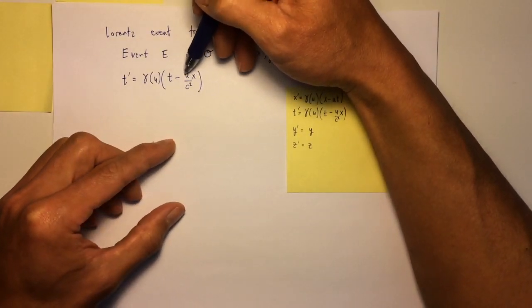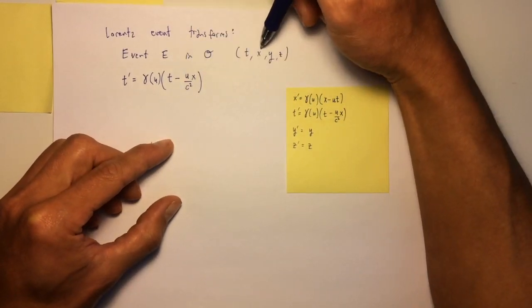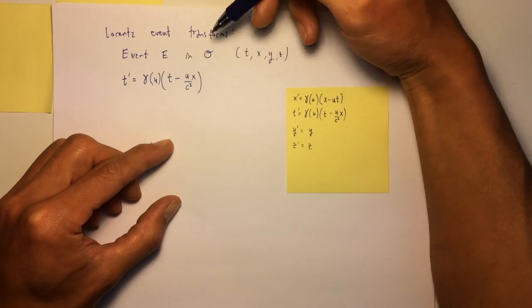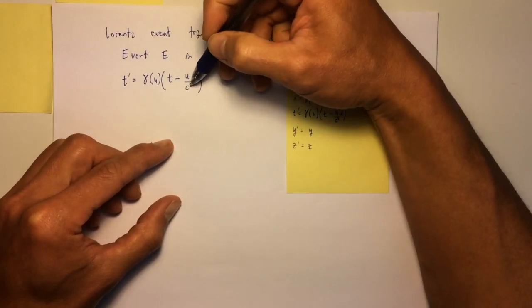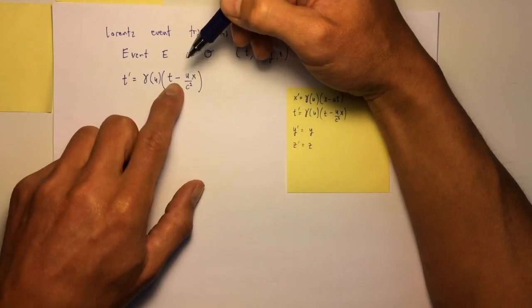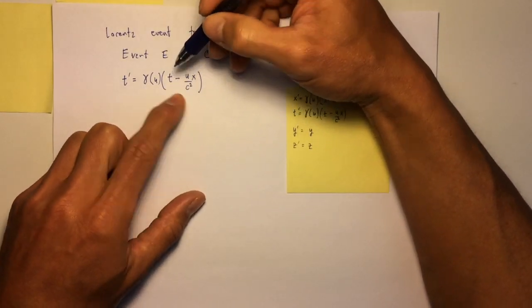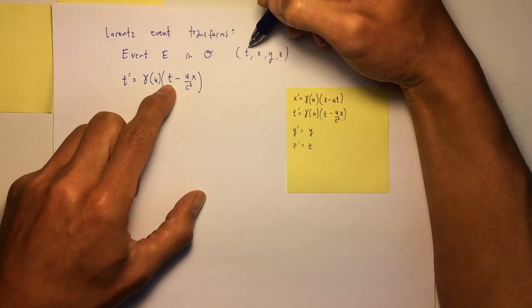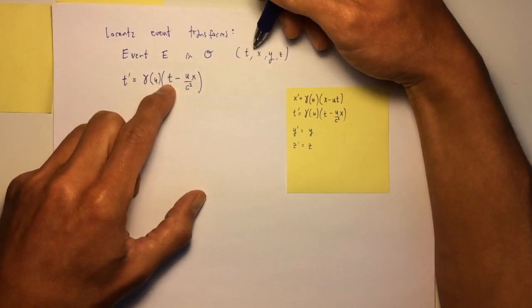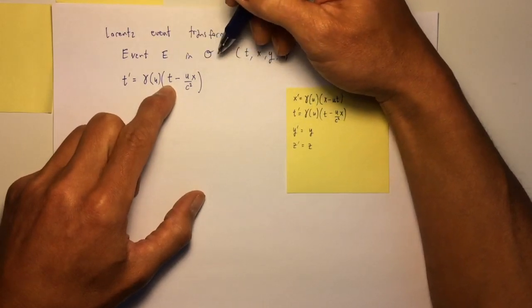It sits here by itself, multiplying the x coordinate in the event as measured by O, divided by c squared, speed of light squared. And it is being subtracted, this minus sign is important, from the time value, the part of the coordinate of the event E as measured by O.